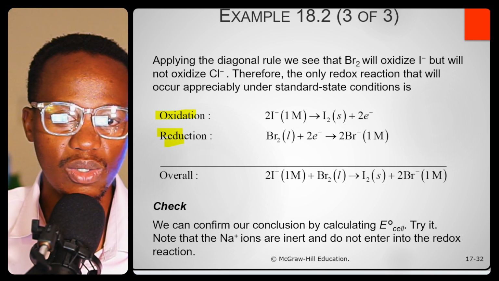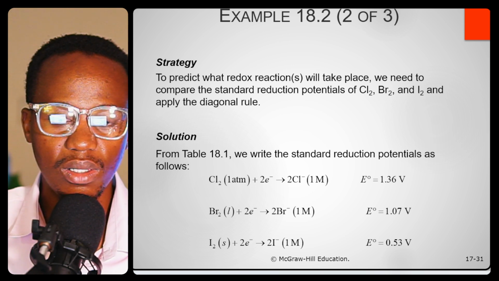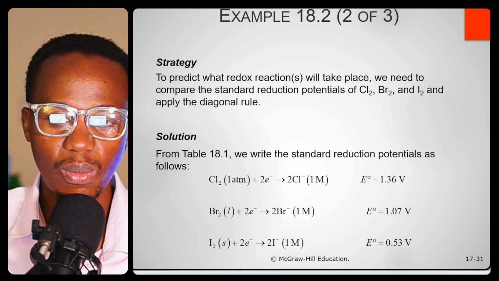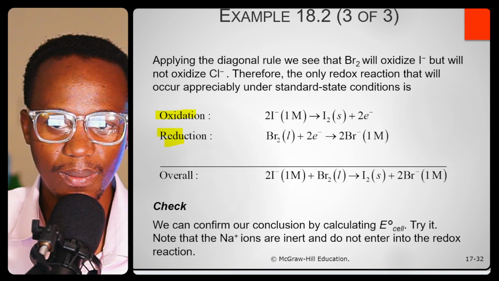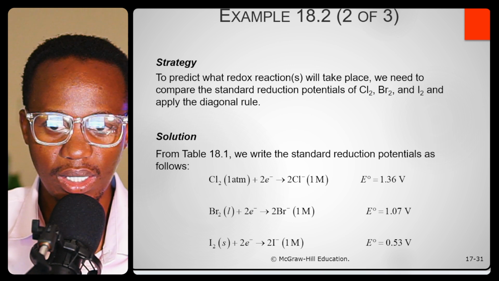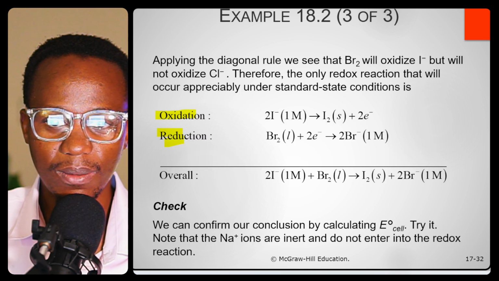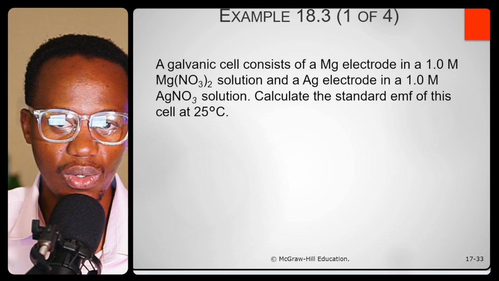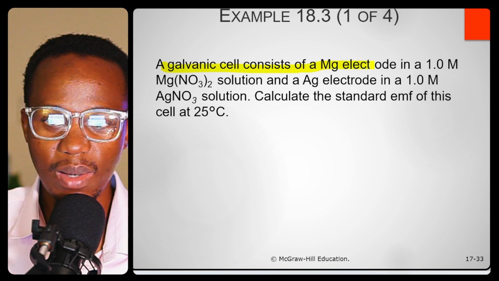So basically this question is asking you, like, what will happen if you have these things, which one will undergo reduction, which one will undergo oxidation, all right? And that is exactly what ends up happening, all right? All right, so a galvanic cell consists of a magnesium electrode.